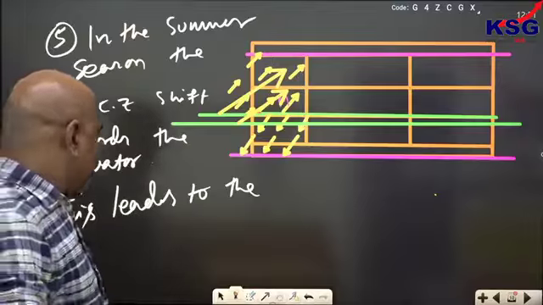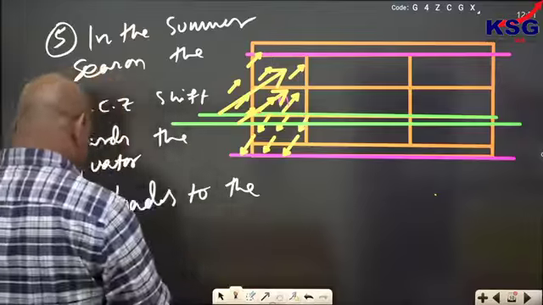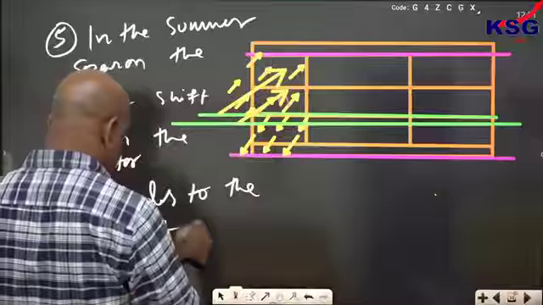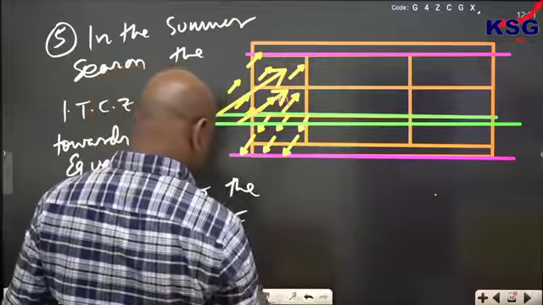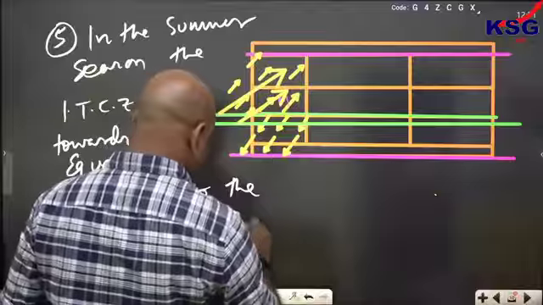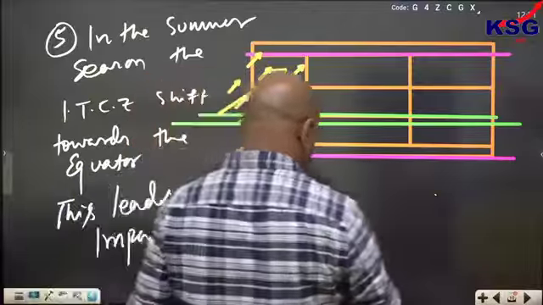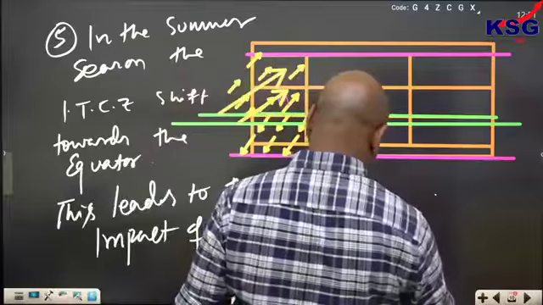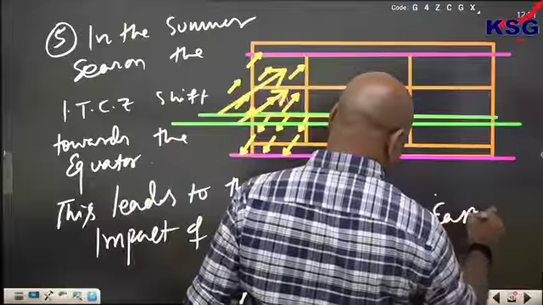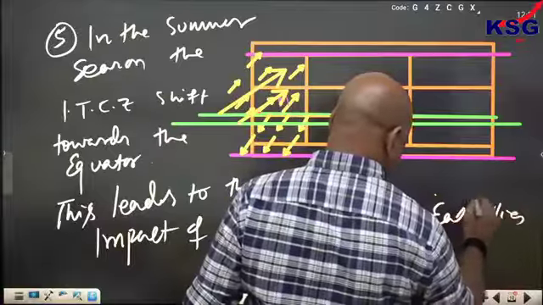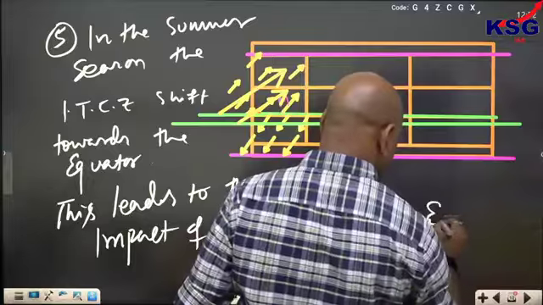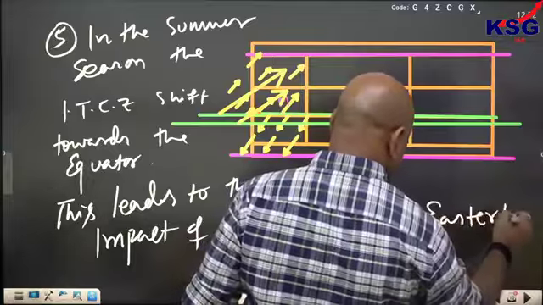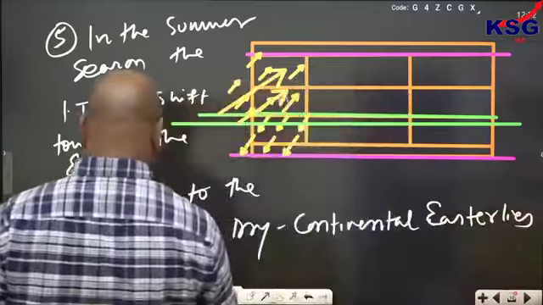This leads to the impact of easterly wind, dry continental easterly wind system.